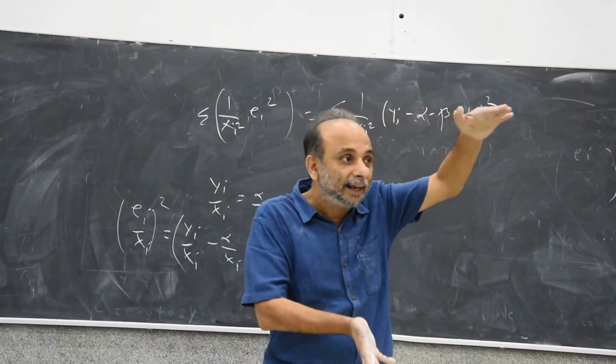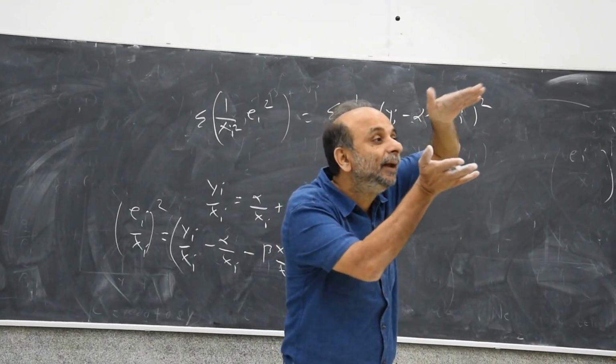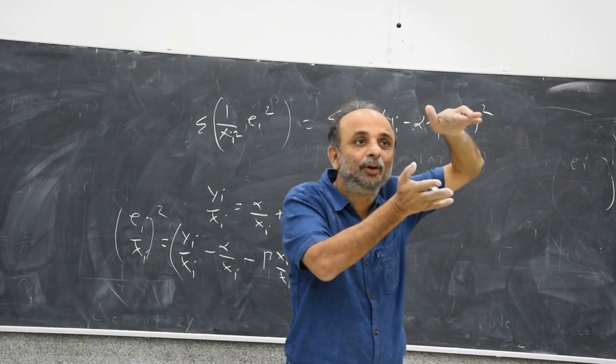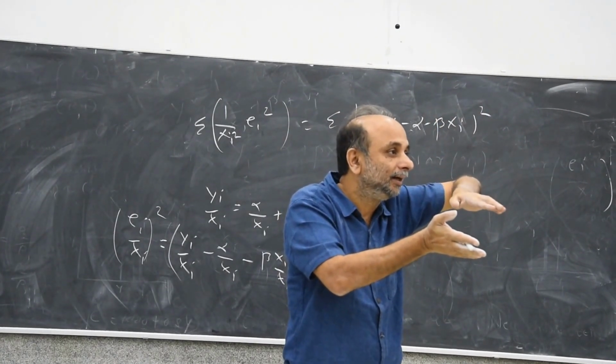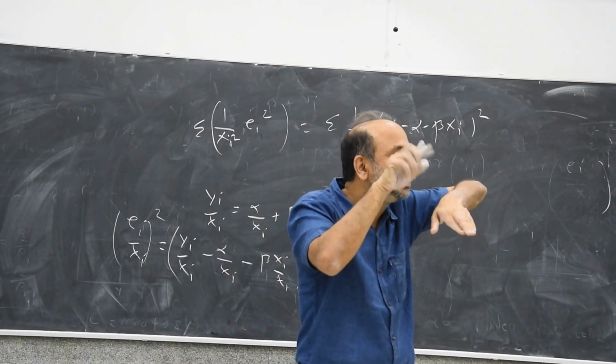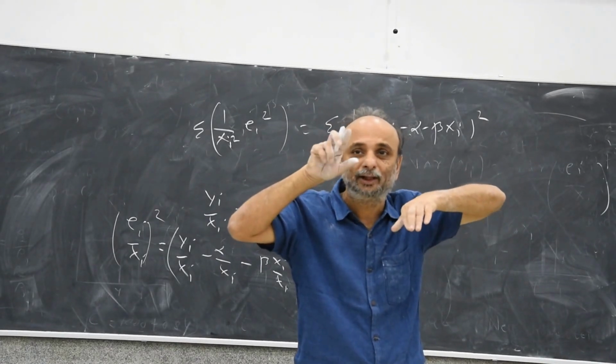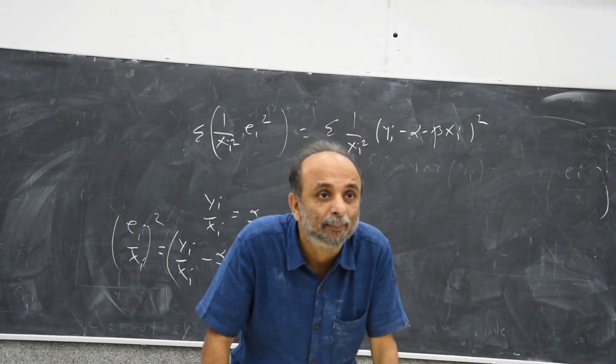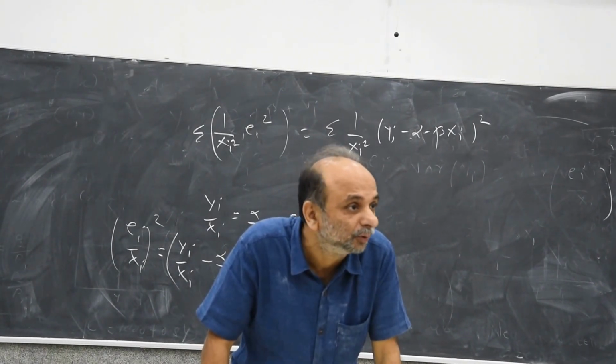The larger the xi, the lower is the weight on ei.